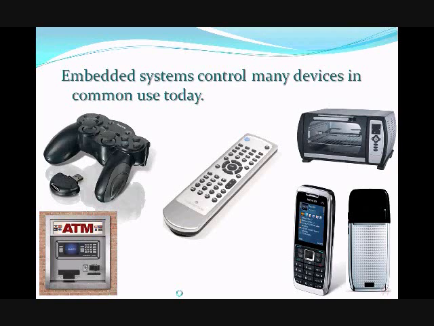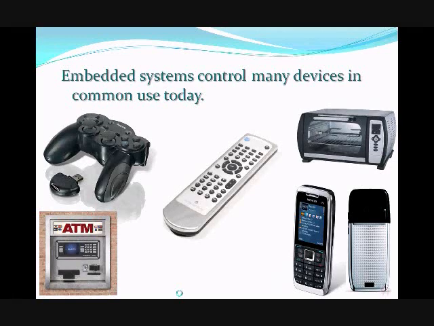These devices include mobile phones, consumer electronics, ATM machines, industrial machines, and many other things. Almost all the electronic and electrical devices used today are controlled by microcontrollers or digital signal processors, which have embedded systems as their controlling system.